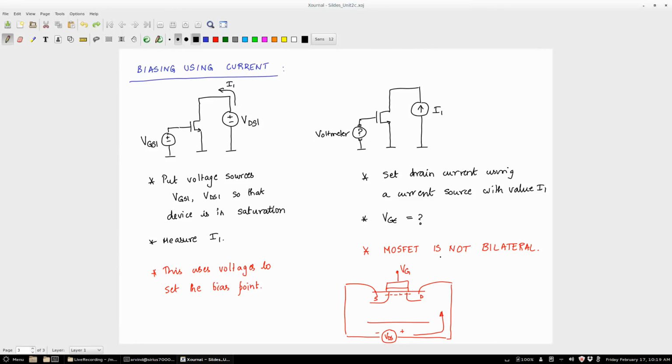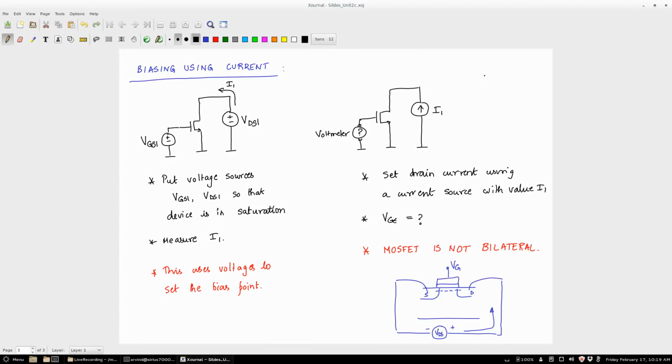Then when you apply some kind of voltage across this, right? If this is the drain and this is the source, if this is VDS, then some current will flow. That's how the MOSFET works. You cannot pass a current through the channel and expect an inversion layer to form. The inversion layer will form only if you have a voltage.